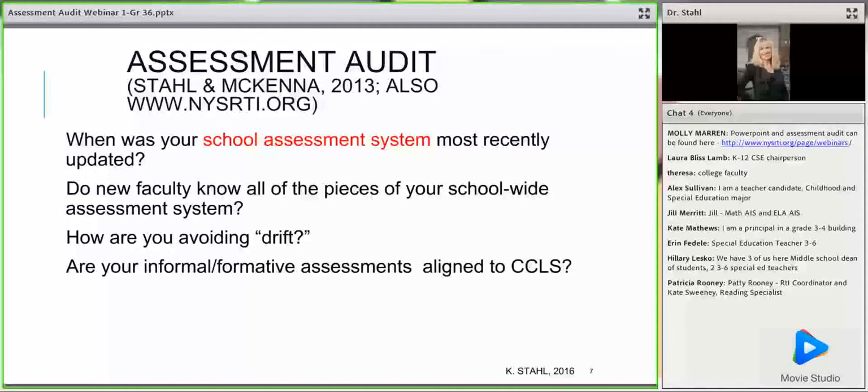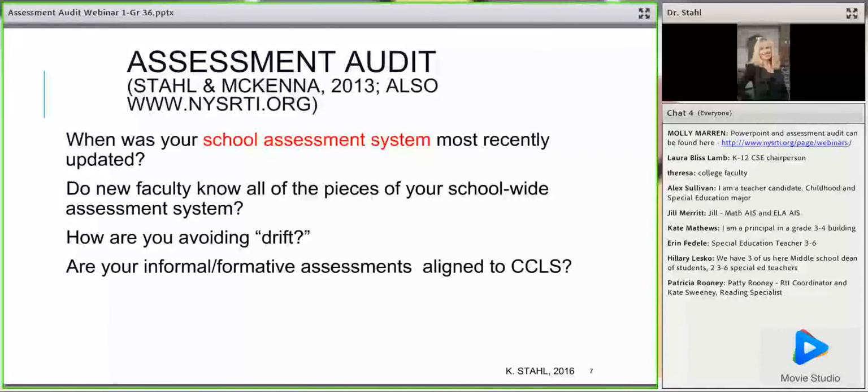And so the assessment audit is a good time to really take a comprehensive look at our system and to also help our faculty, whether those faculty are within our school or within our district, to have a common assessment system that we are using, and to help new faculty to know what the pieces of that system are that we are invested in and that we all have bought into.